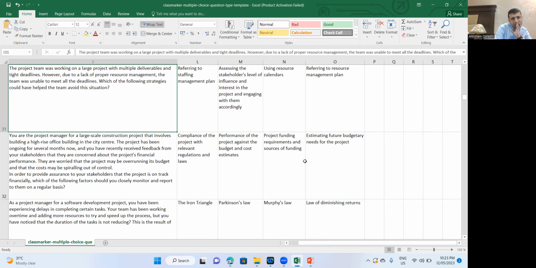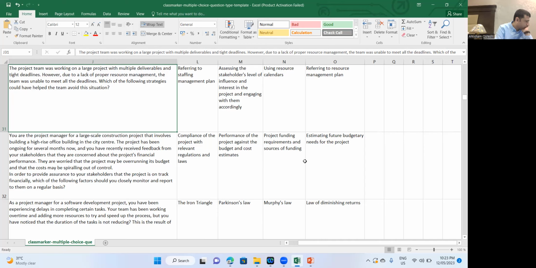Staffing and resource management plan are two things actually. But I would go with C or D. These two should be there. I think Delta, D, is the answer.